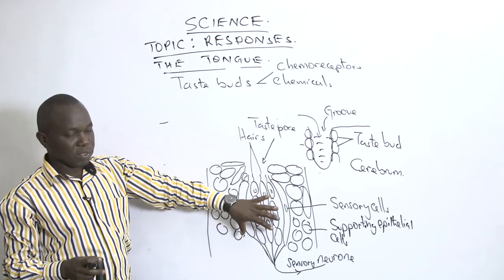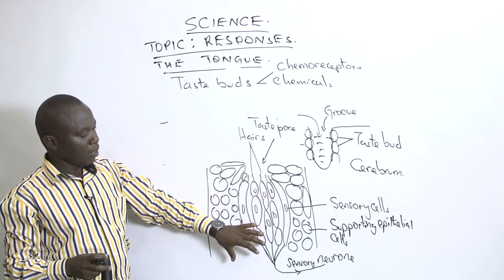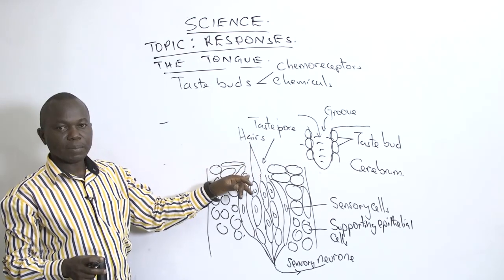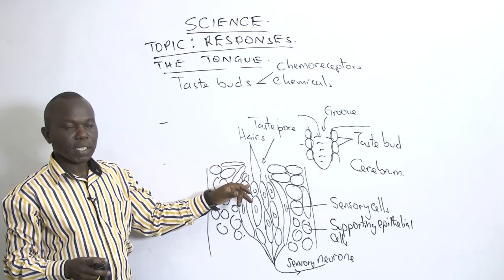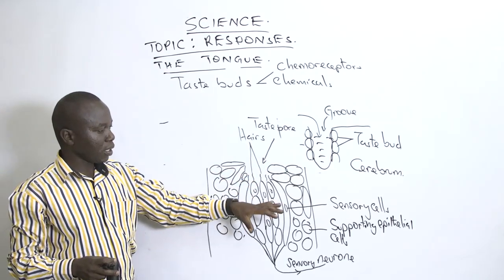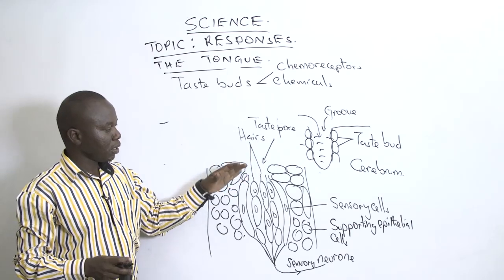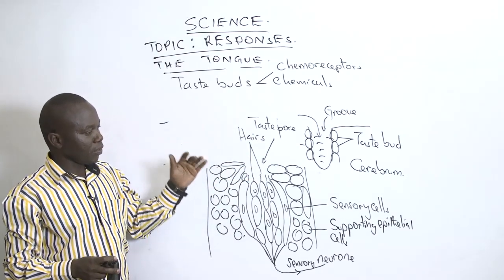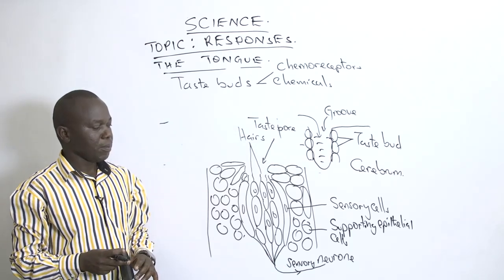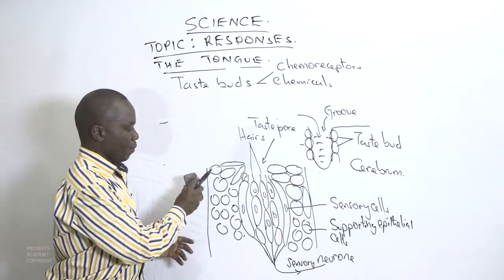It's made up of sensory cells. But those sensory cells have hairs. The hairs are just meant to increase surface area so that the sensory cells can detect the taste of the food very fast. And then we have supporting epithelial cells.